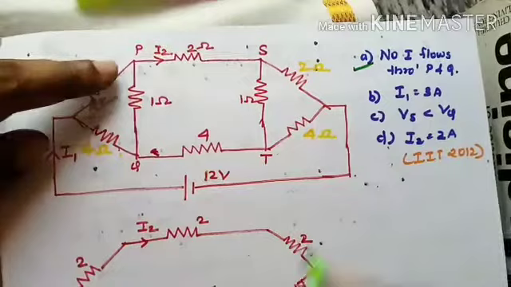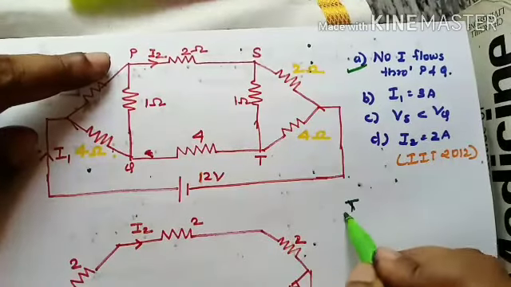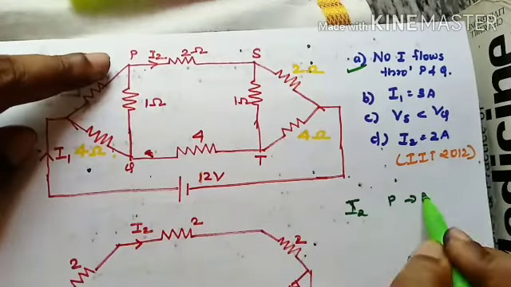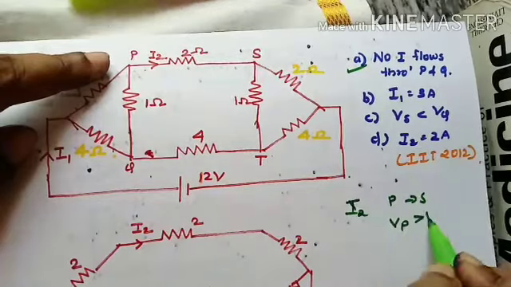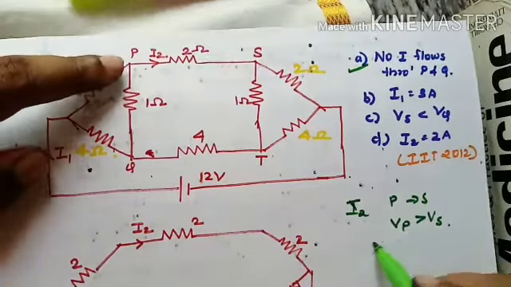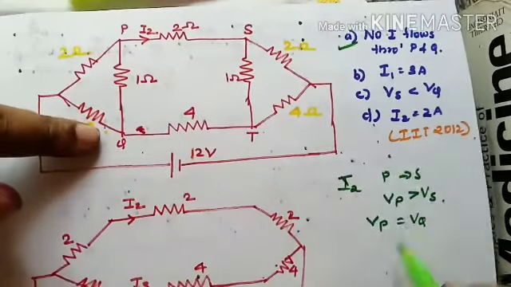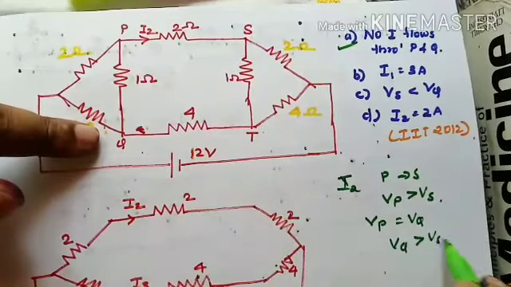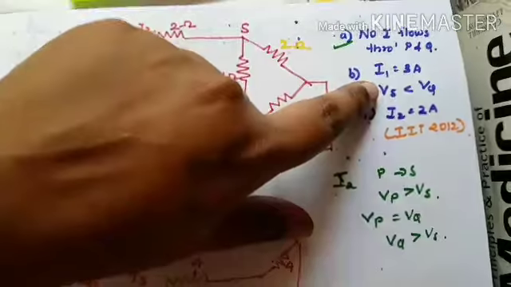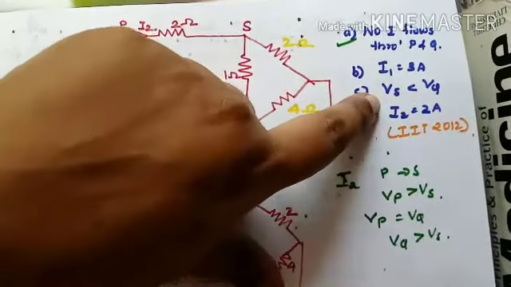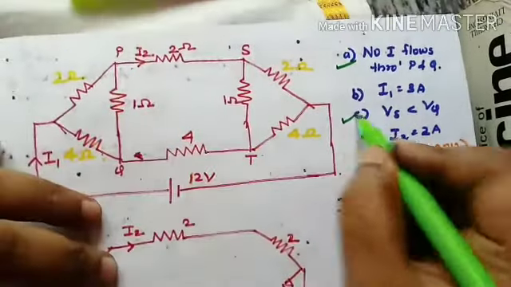Then I'm writing it sidely. Current is flowing from P to S, so Vp is greater than Vs. Vp is equal to Vq, they are of the same potential. So substituting here, Vq will be greater than Vs. So this term is also correct. Vq is greater than Vs. So option C is also correct.